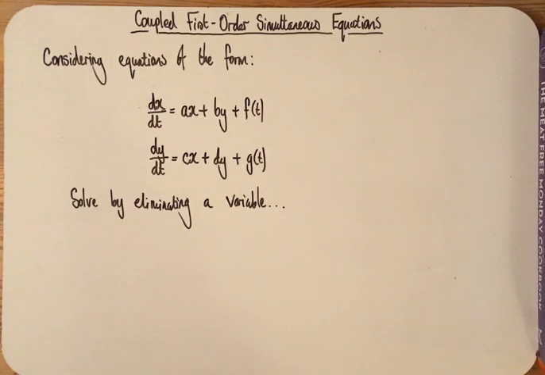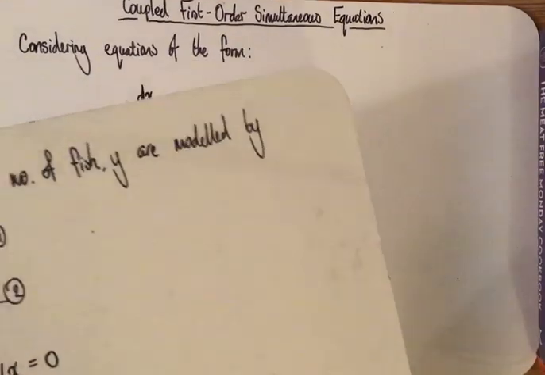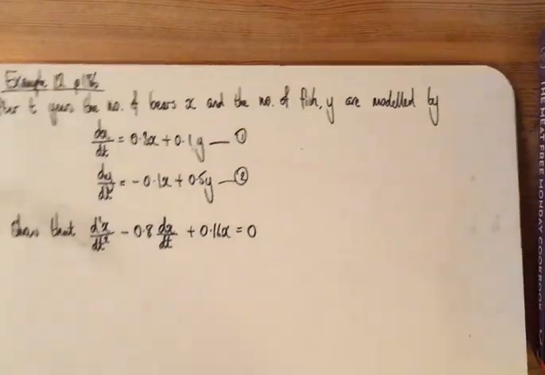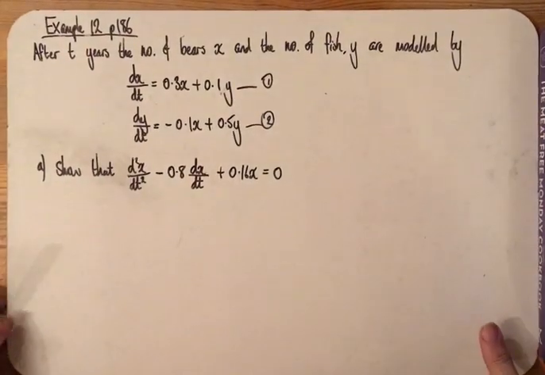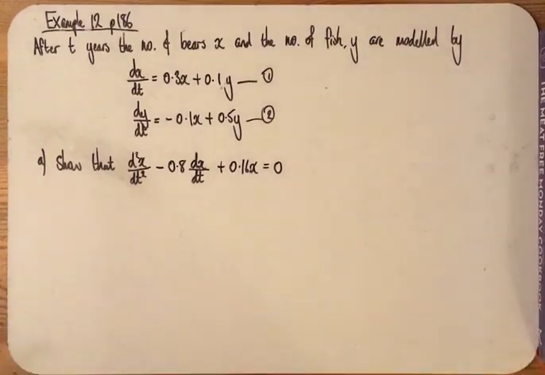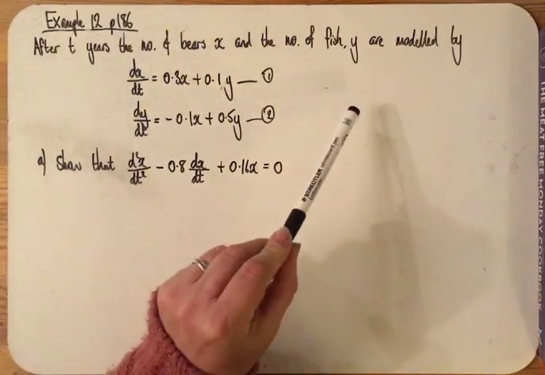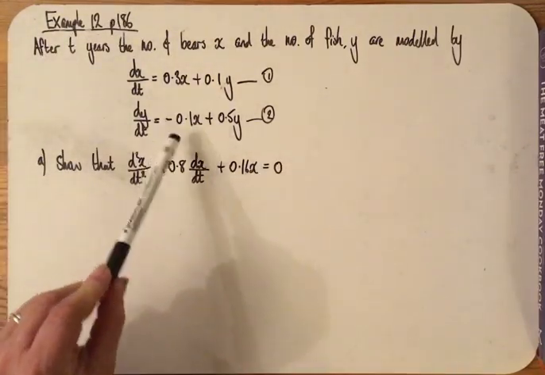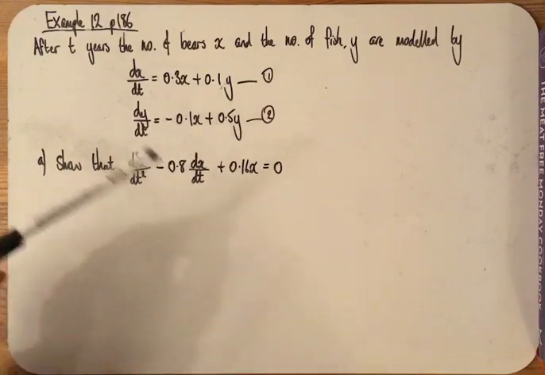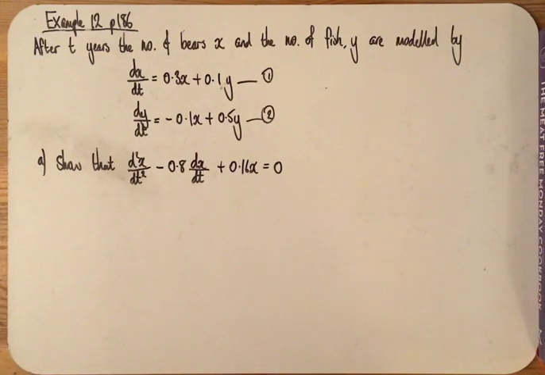And we basically solve by eliminating a variable on differentiation, but I think it's best just to show you an example. So this is example 12 on page 186, but I've cut the wording down dramatically. After t years, the number of bears is x and the number of fish is y, and they're modelled by these two linked or coupled first order simultaneous equations.